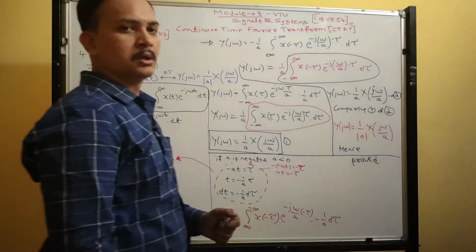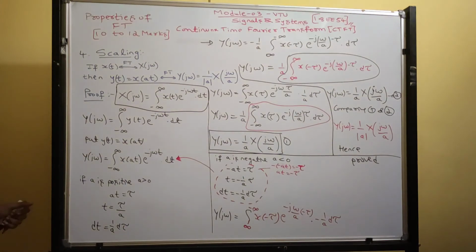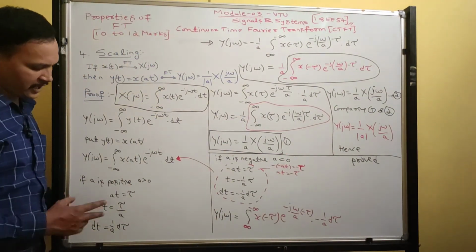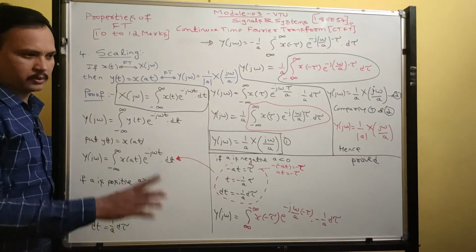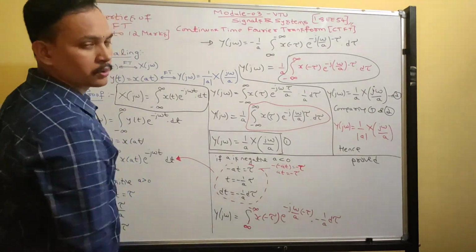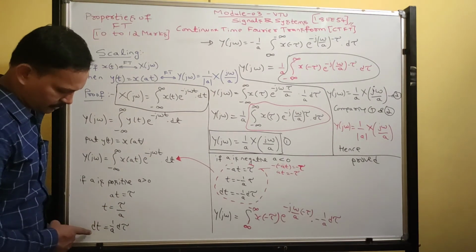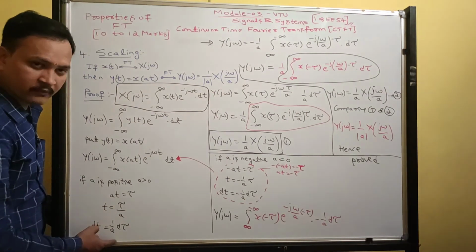Got it? Understood, guys? The only logic is: if a is positive, you take at equals tau. If a is negative, you take minus at equals tau. Then you find the equation for t and represent this in differential form.